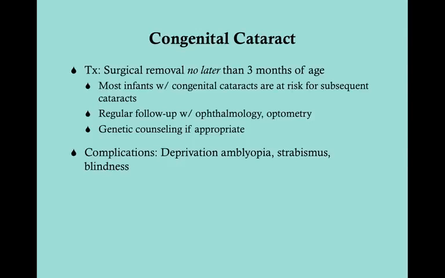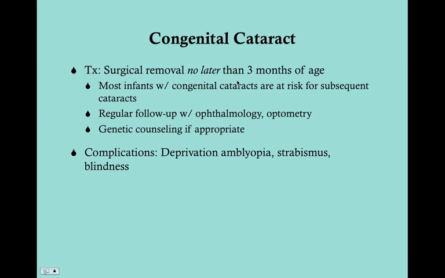Complications include deprivation amblyopia, although the risk for that is less if you treat the cataract quickly. And remember, what amblyopia is, it's a disease of the neuroocular system where you don't create a proper connection from the eye to the visual cortex. And so this is exactly what we're trying to prevent when we treat congenital cataracts.